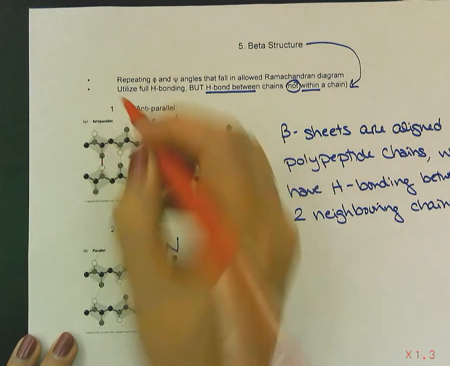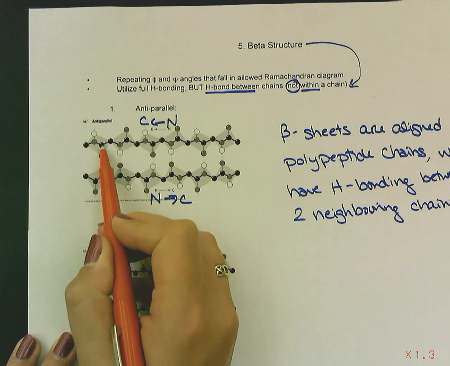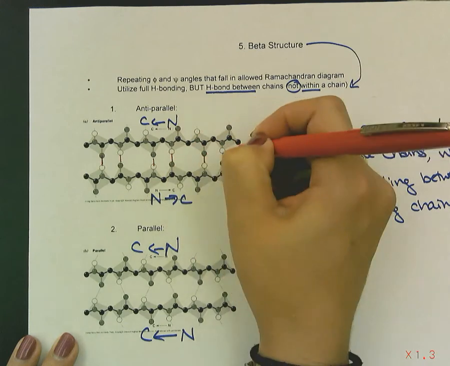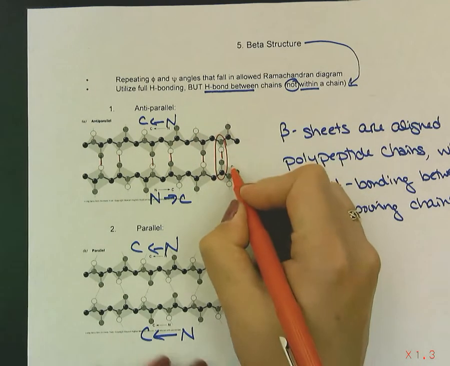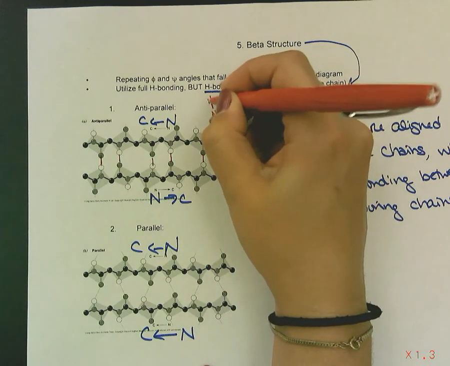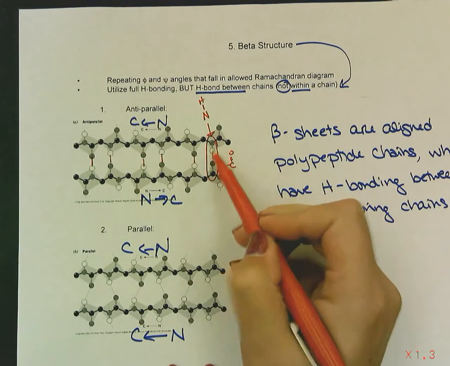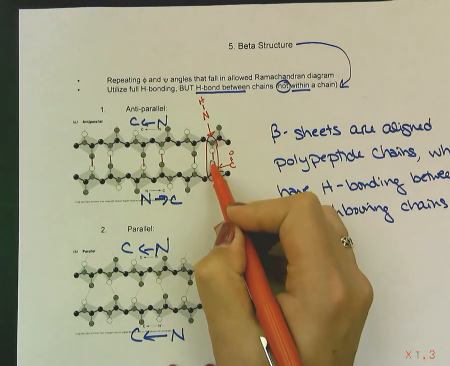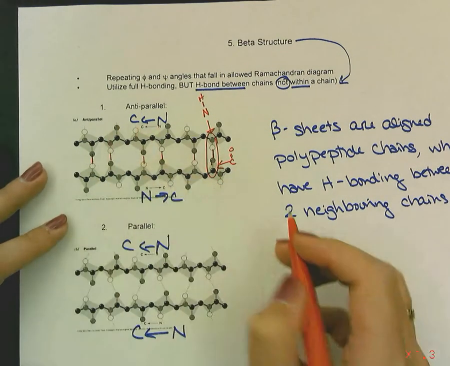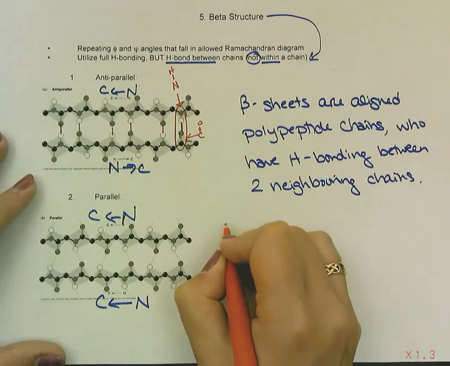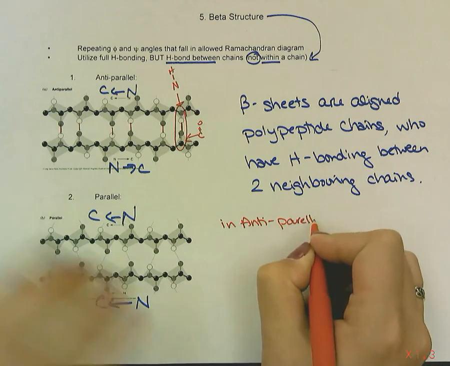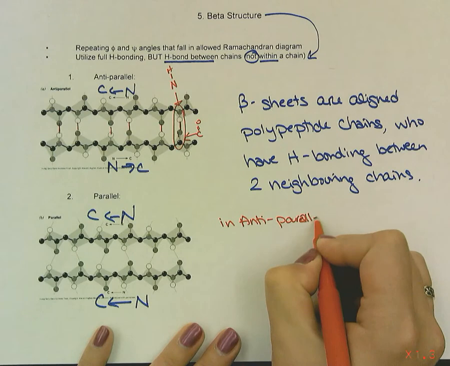So here's my hydrogen bonding between my NH and my C double bond O. Here's my NH, here's my C double bond O. Hydrogen bonding occurring between the two of them in anti-parallel.